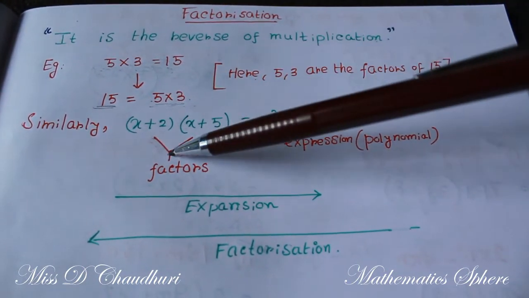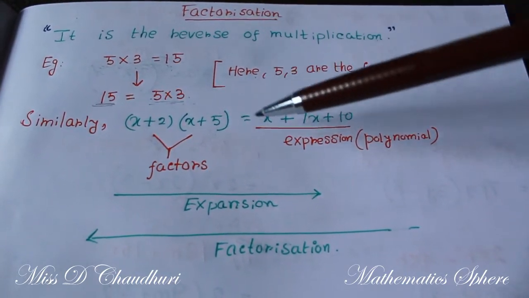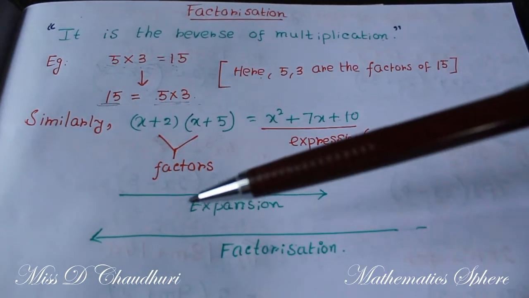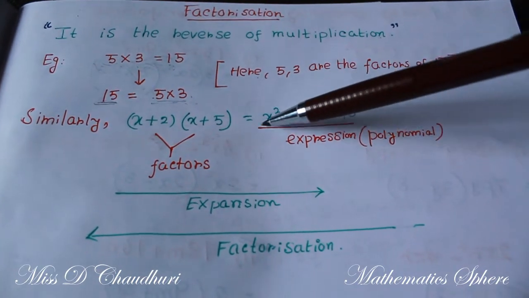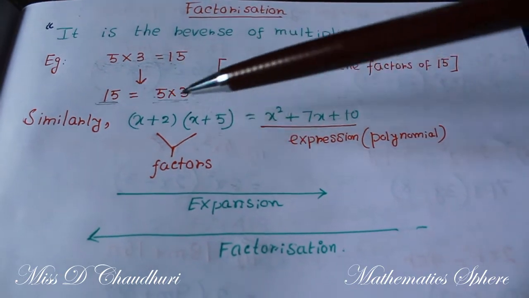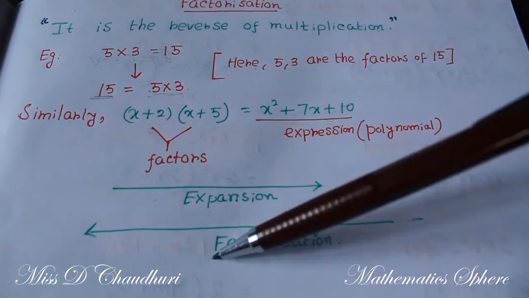This process, when you expand these two factors, is known as expansion. Now in this chapter we will do the reverse process. We will break this one to get the factors. So the reverse process of expansion is known as factorization.